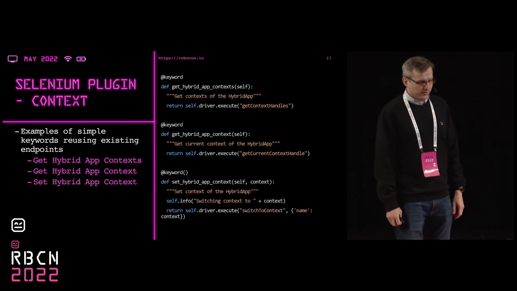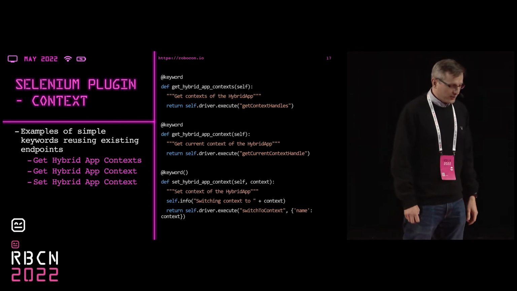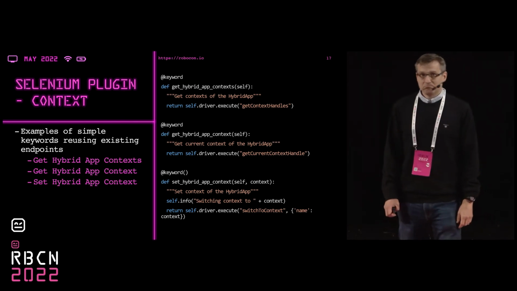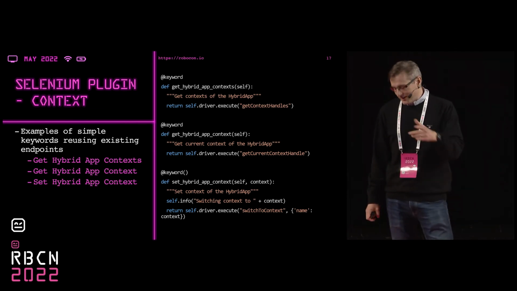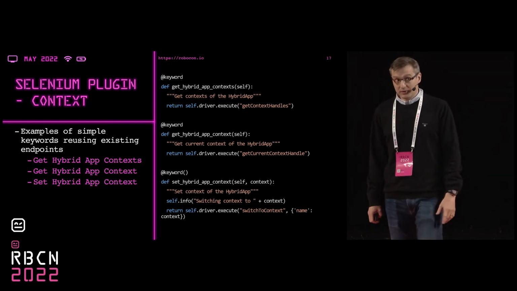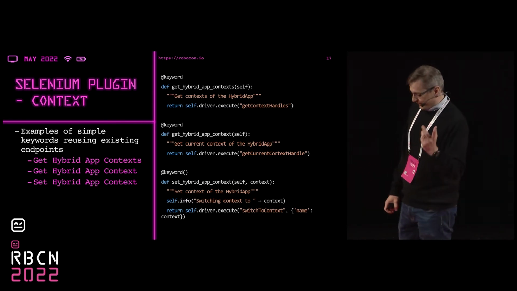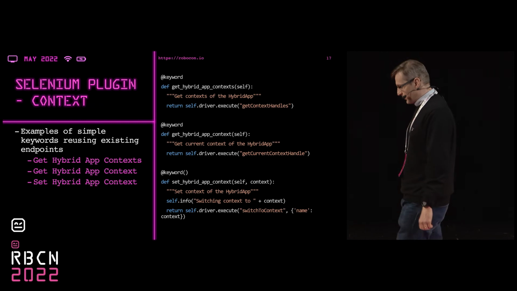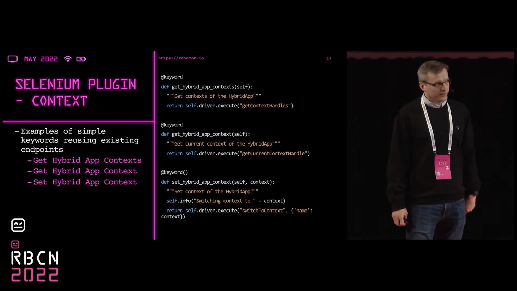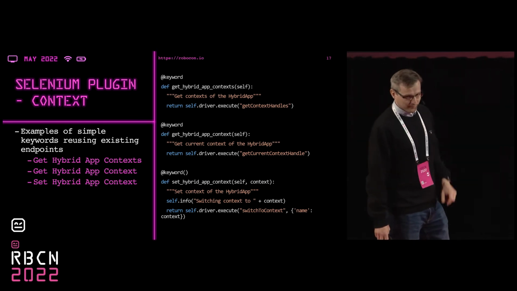It was not really easy to figure out how to create these keywords. I needed to deep dive into the code of Selenium and Appium to see how this was implemented. To my surprise, it turned out that these three keywords are already there in Selenium. I just needed to call them.